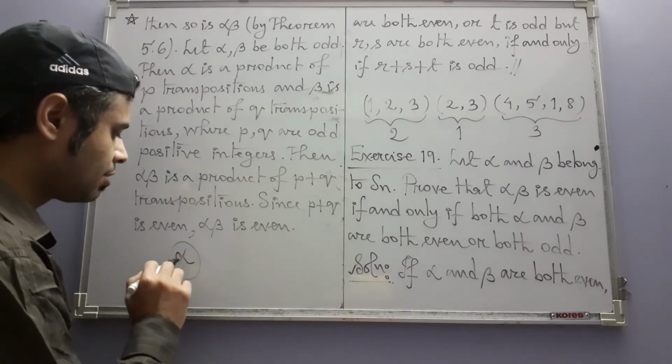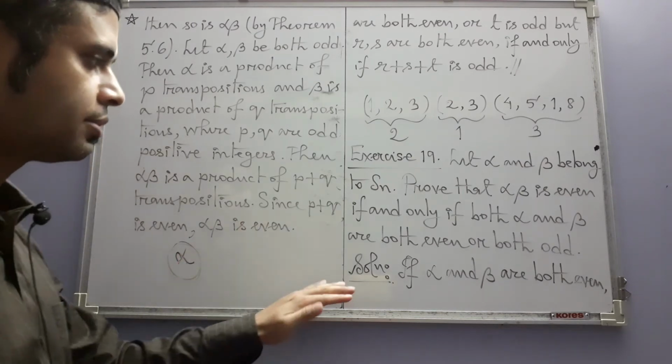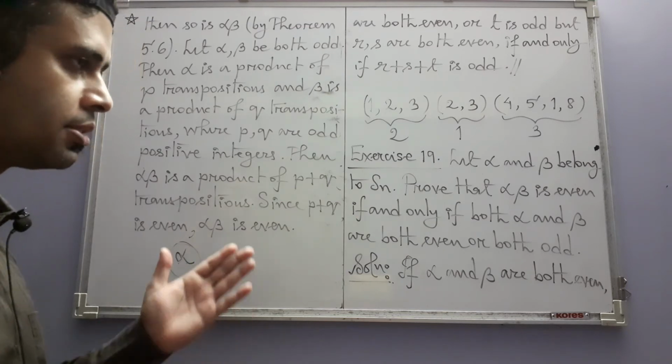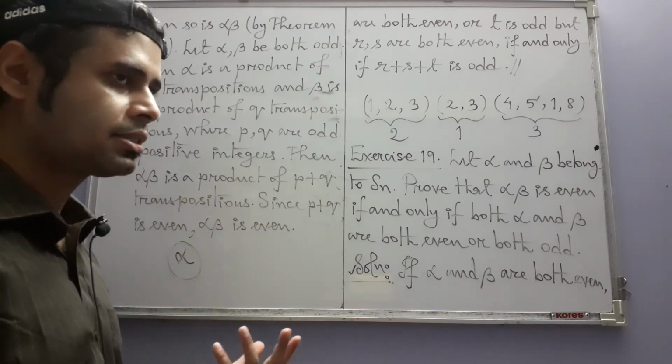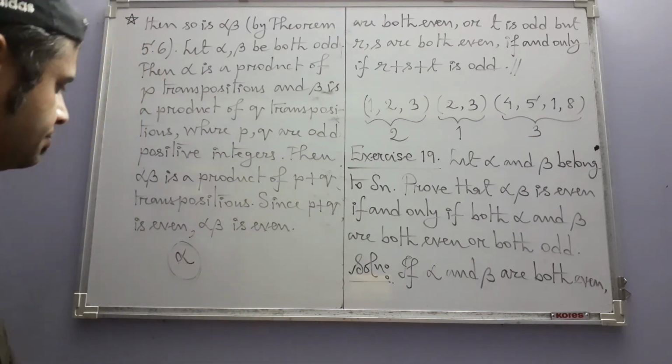Whereas if you are dealing with a cycle and just from the cycle length you want to say whether the permutation is even or odd, then it is even if and only if the cycle length is odd. That is something entirely different.